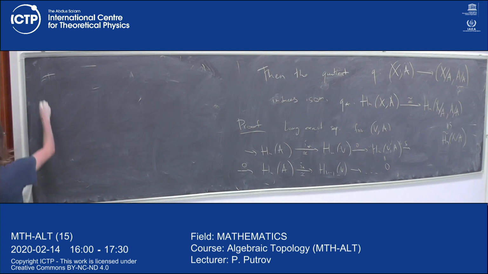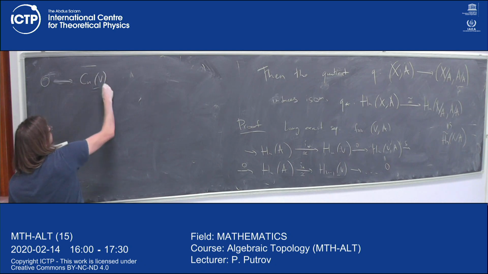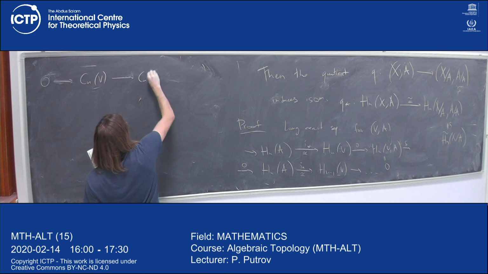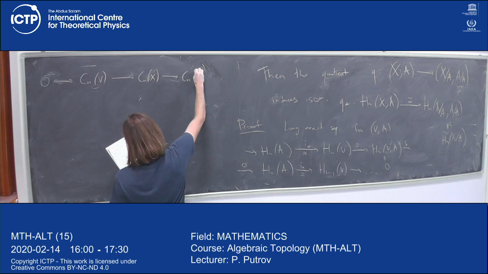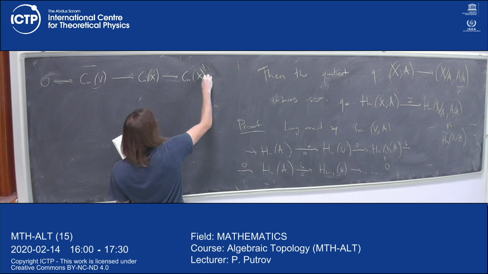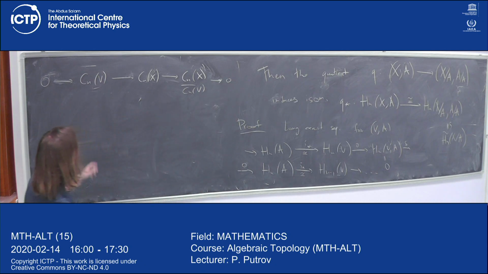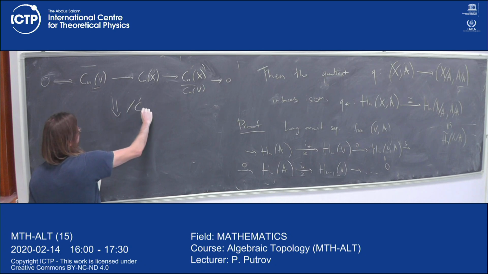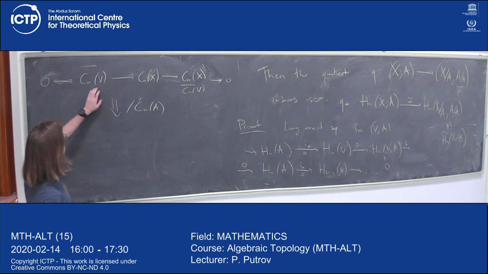And okay, so then let me consider the following short exact sequence of chain complexes, for the pair of X and a subspace V. One can quotient everything here with respect to C_n of A, because these are chains with image in A, so there are subgroups here, here, and here.